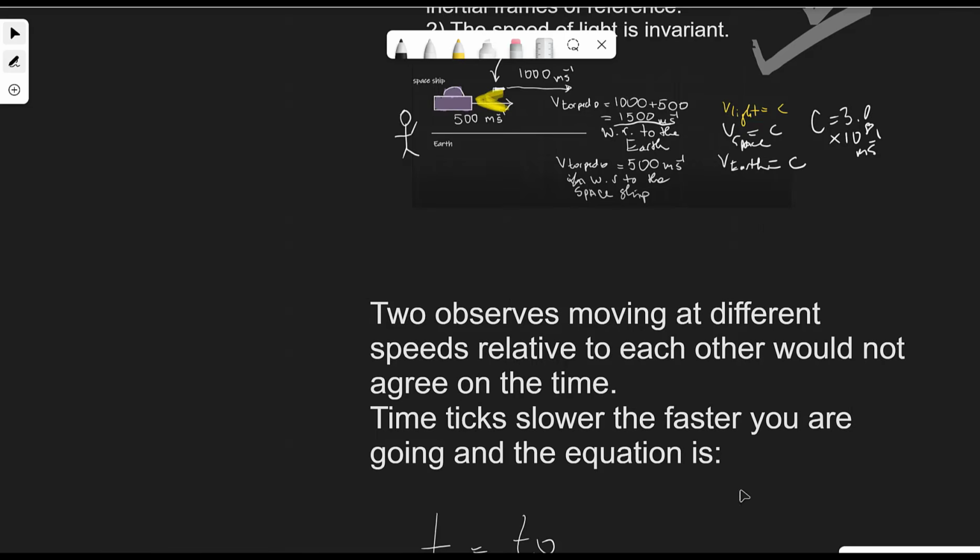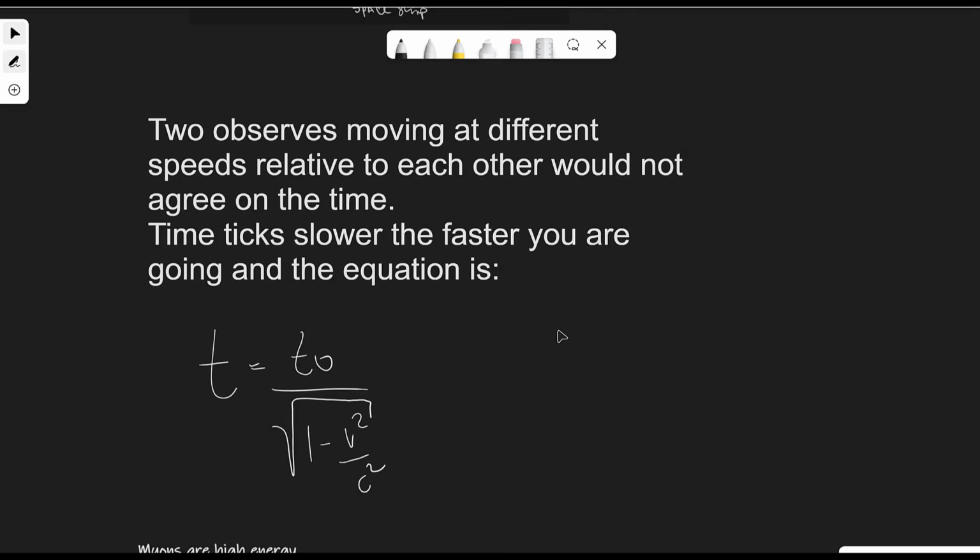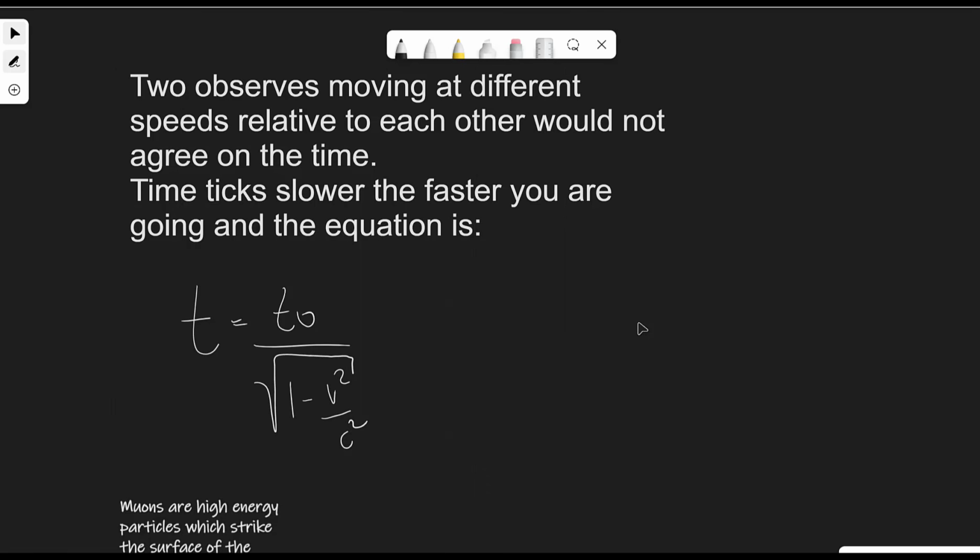Now, one way that this is accommodated is via time dilation, and the formula for time dilation is that t is equal to t naught, where t naught is the time that an event has happened in a stationary frame of reference, and t is in the frame of reference that is moving with respect to the stationary one at speed v.